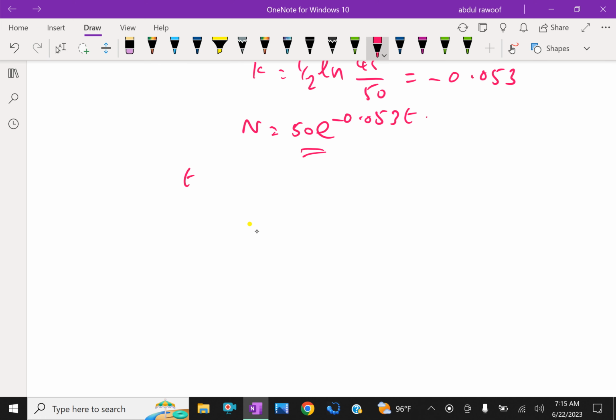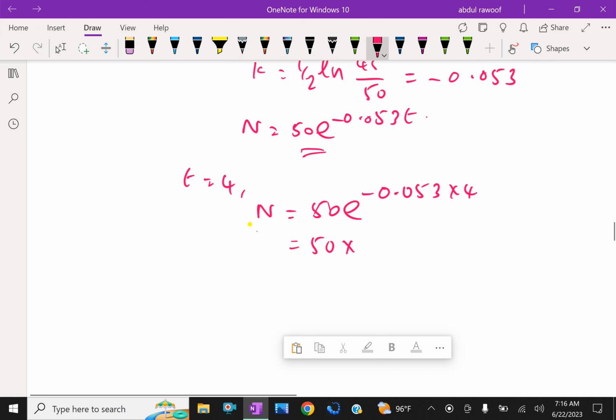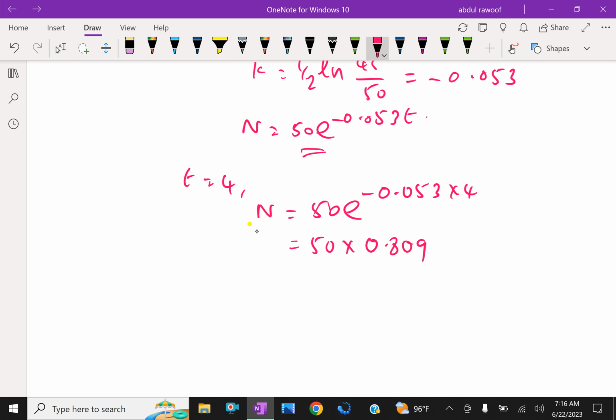Therefore, N equal 50 e power minus 0.053 into 4, that is 50 into e power minus 0.053 into 4, which gives 0.809, which gives 40.5 milligram.